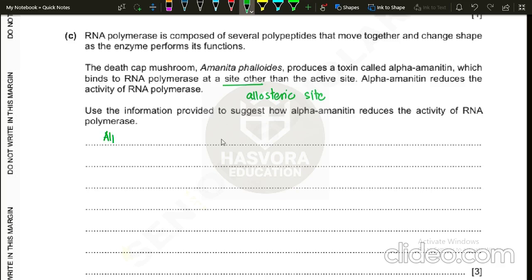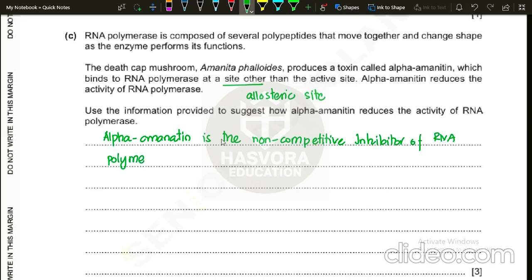So we can just write that alpha-amanitin is the non-competitive inhibitor of RNA polymerase.